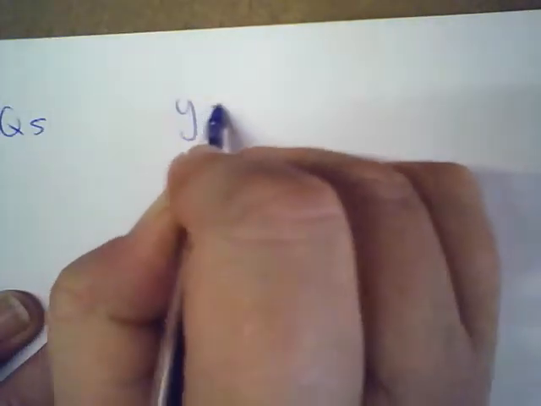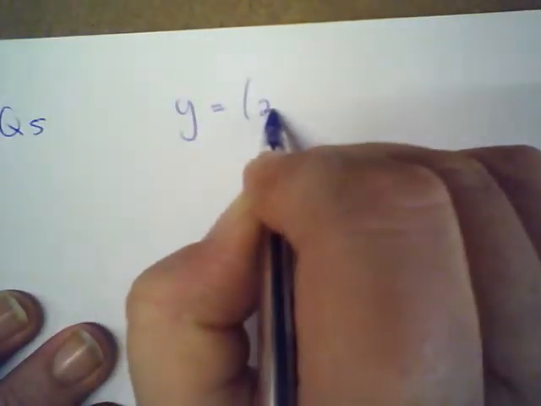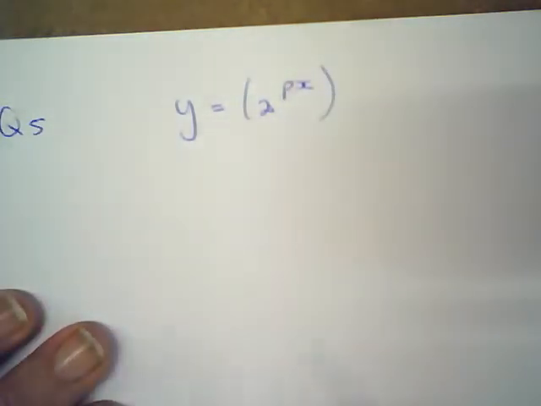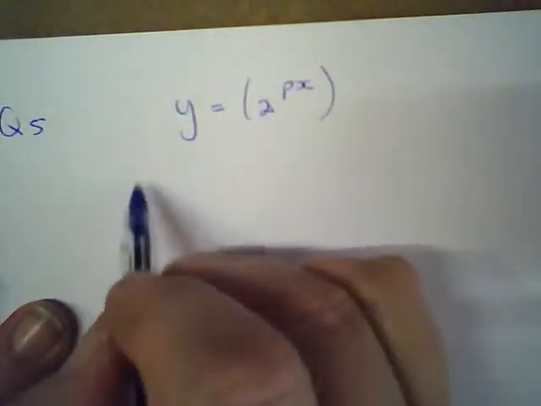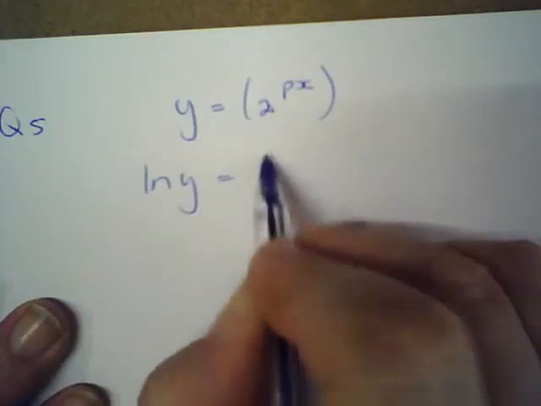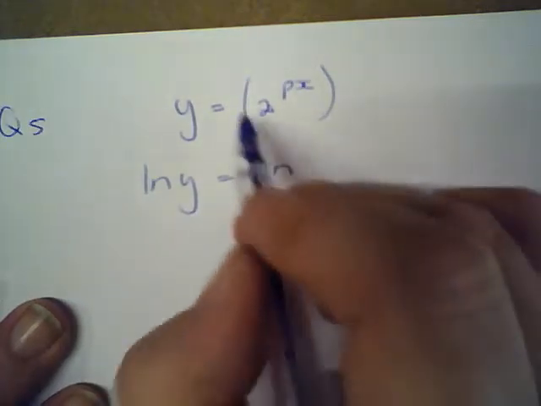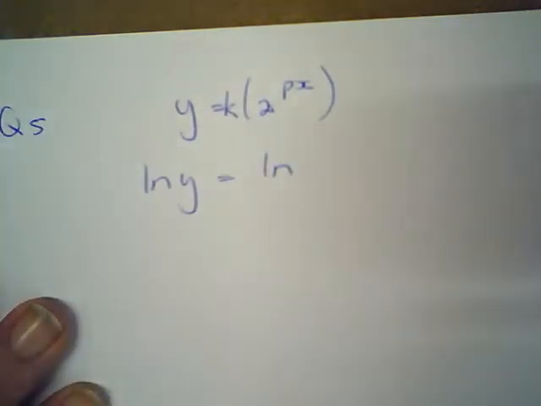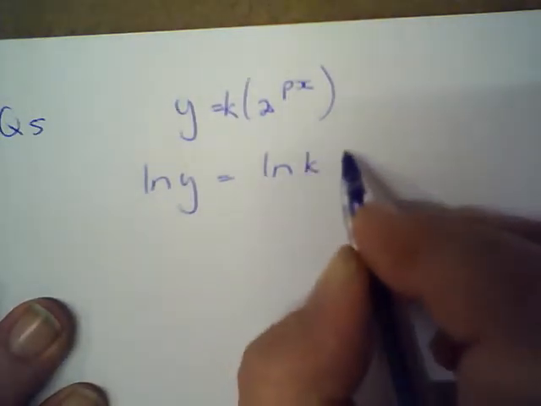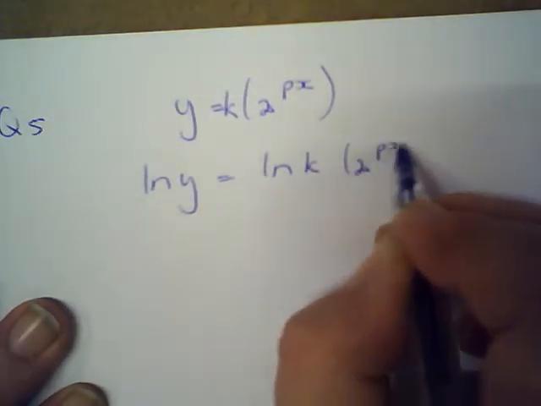Okay, so we are given y equals k times 2 to the power px. We know that we need to take the natural log on both sides. So natural log y equals natural log of k times 2 to the power px.